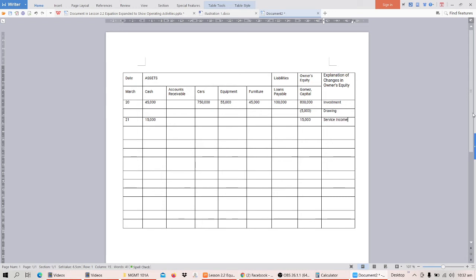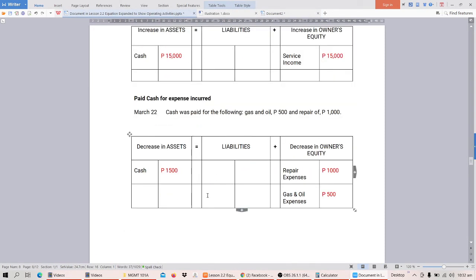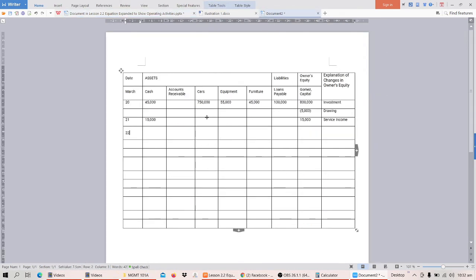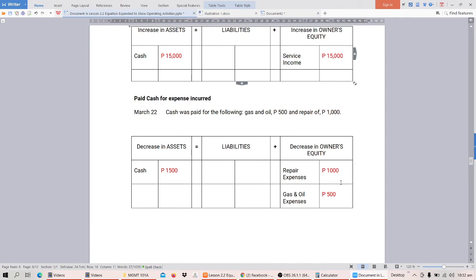Now on March 22, there is a decrease in your cash by 1,500. At the same time, a decrease in your owner's equity by 1,500 in the form of repair expenses and gas and oil expenses.